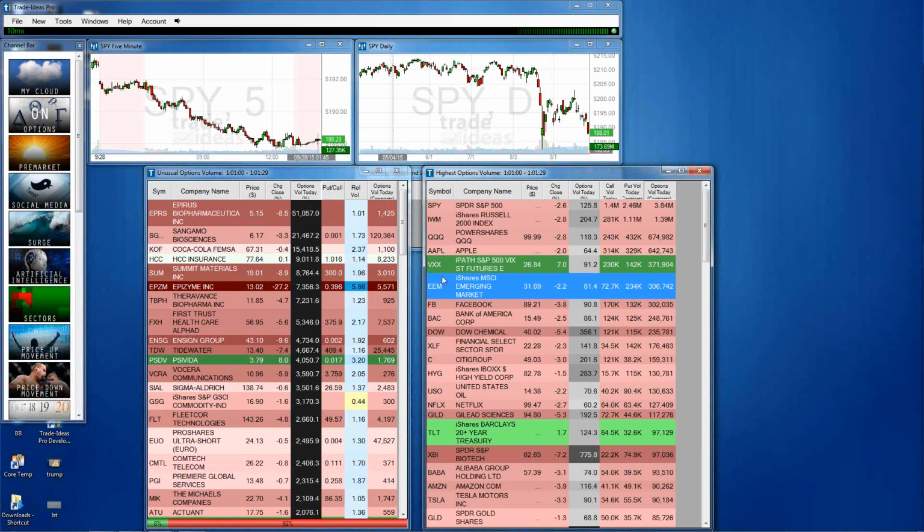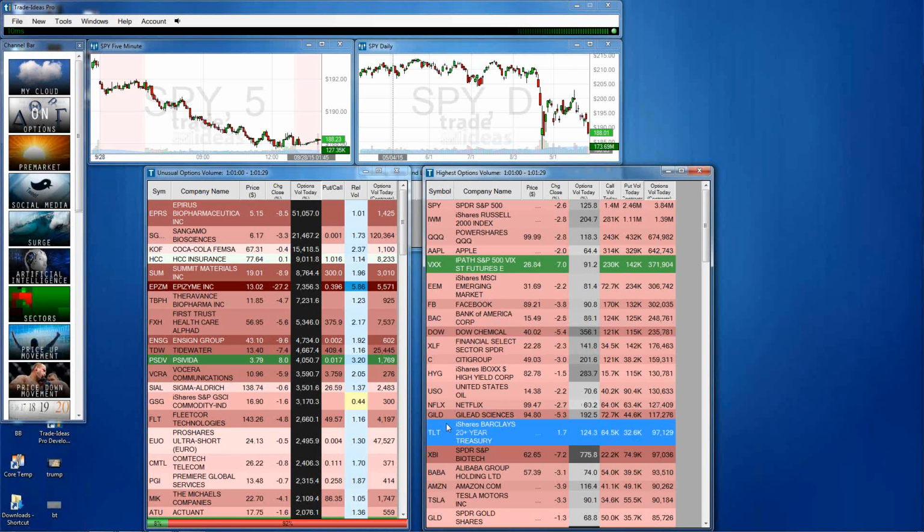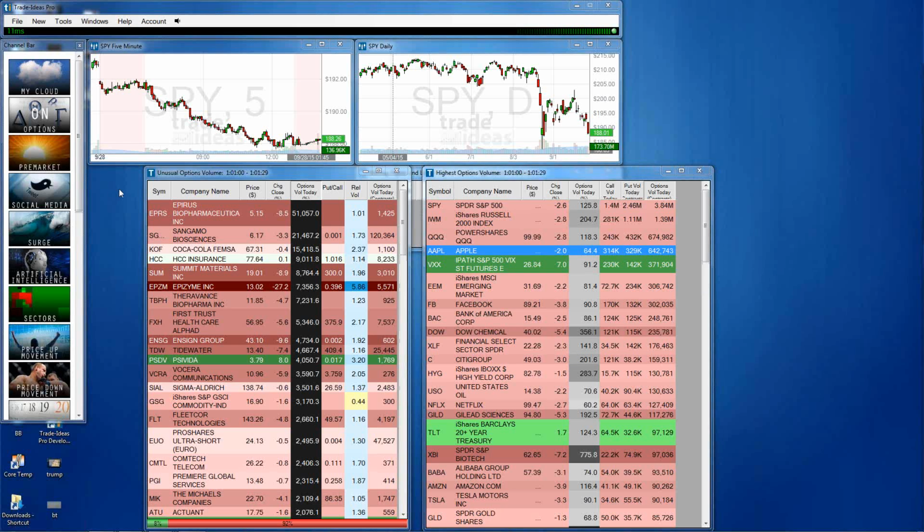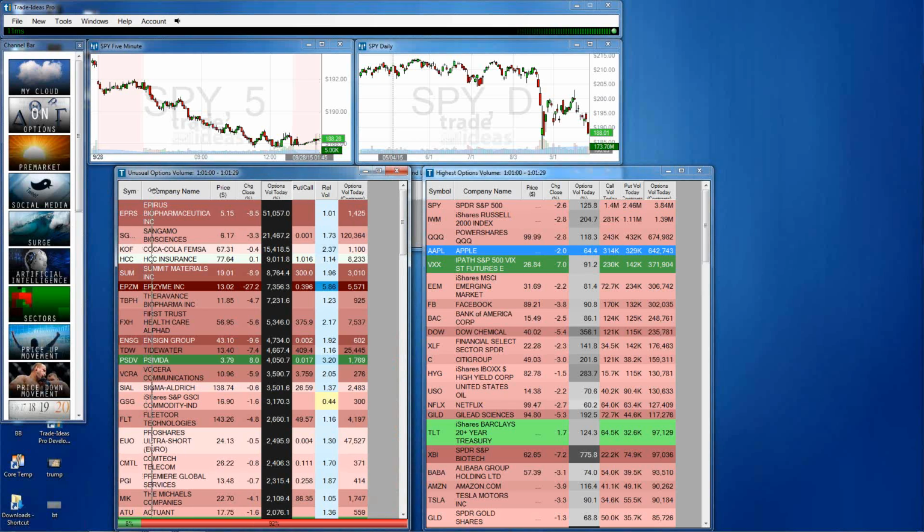If we look at the list of symbols that's being reported here, these are the usual suspects that I typically see when we're looking at high options volume. Typically the repeat offenders, the stocks that are very high volume oriented with lots of active options traders. So let me expand this out to where we can see these symbols as well.